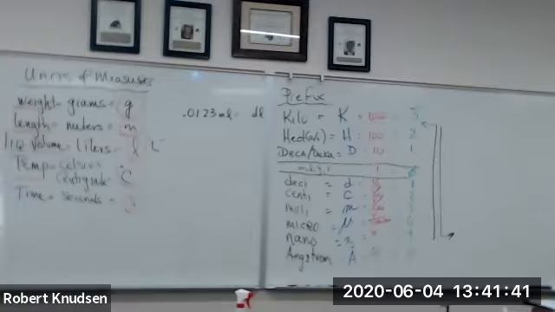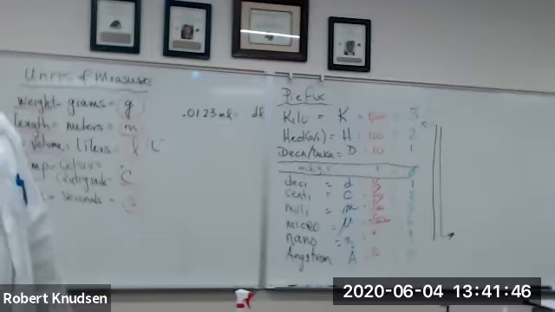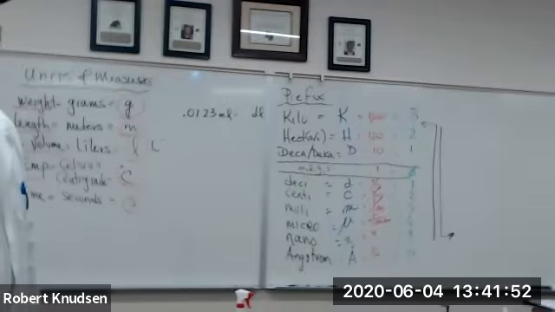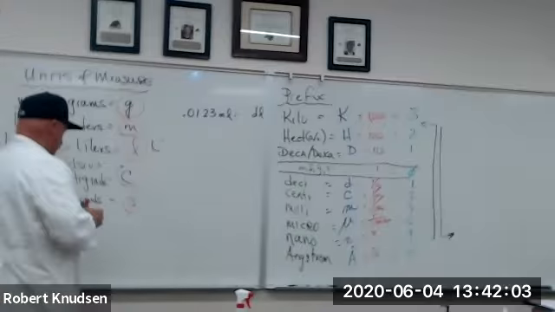I want you to pause this video now, and give me the answer. Don't do it in your head. Do it just like we have been doing. Pause it. Okay, now you unpause it because you should have an answer.